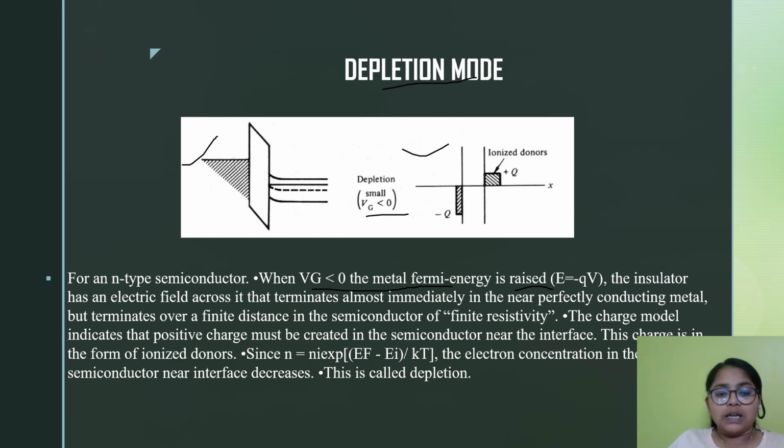The insulator has an electric field across it that terminates almost immediately in a nearly perfectly conducting element. Here the electric field will be there across the insulator, terminating in the perfectly conducting element, and it terminates over an infinite distance in the semiconductor. It needs infinite resistivity to terminate in the semiconductor, and it terminates in the metal when it is perfectly conducting. So this will be known as the depletion region.